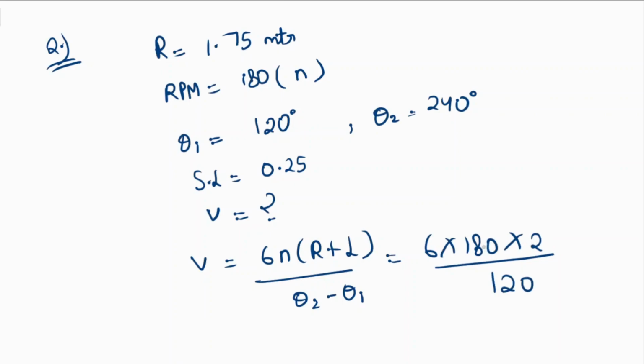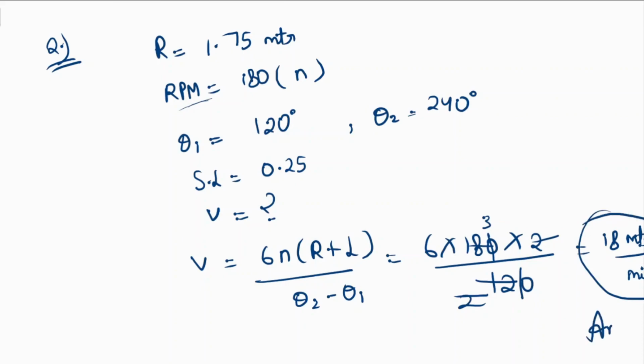If you solve, 2 times this, 3 times this, we get 18 meter per minute. So 18 meter per minute is the answer. This is the question that was asked.